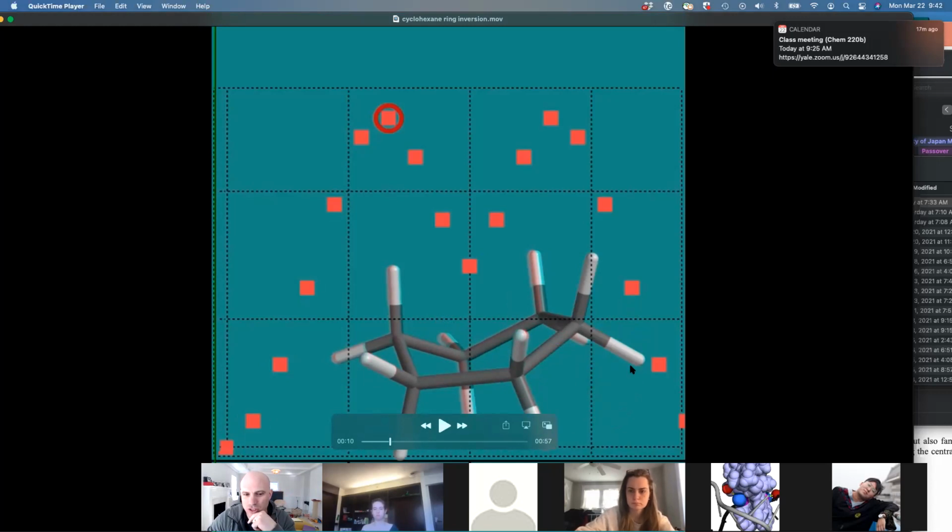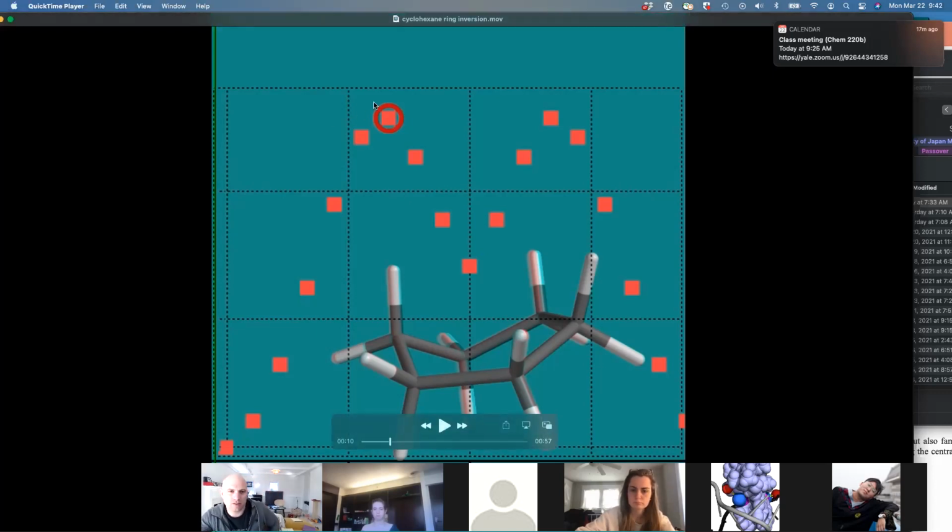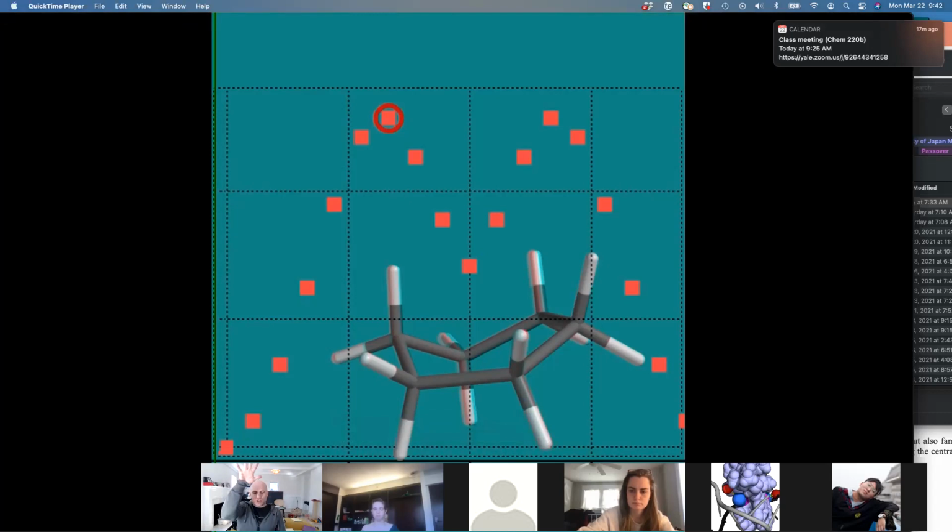an equatorial position, okay? And so this maximum on the energy diagram right here, the circle at the top, that's the one we're looking at. This is the maximum on the energy surface, so it's a transition state. And this transition state has a specific name, and that is what's known as a half chair, okay?